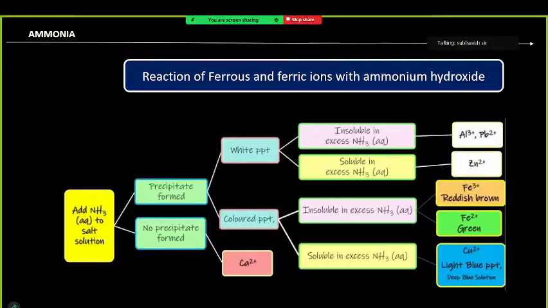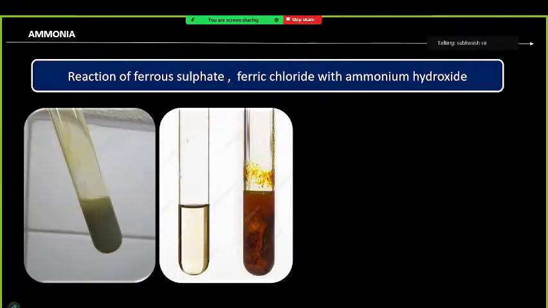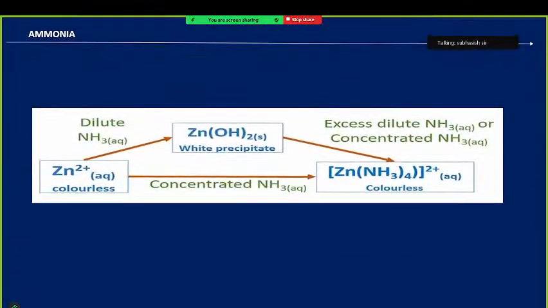Here you see the precipitate of ferric hydroxide and ferrous hydroxide, the dirty green and the reddish brown precipitates. And zinc, when it reacts, forms a white precipitate, but with excess dilute ammonium hydroxide it is converted into a colorless solution.